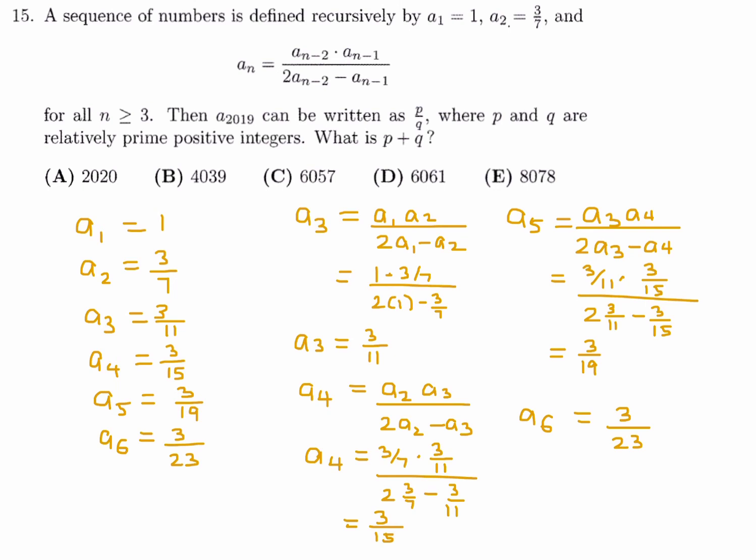As you can clearly see, every one of these, if you don't reduce it, has a 3 on the numerator, but the denominator seems to be going up by 4. You see that? It's 7, then 11, then 15, then 19, then 23, like that. So we have to come up with a general pattern, and this is something that takes a little bit of practice, but in this case it's going to be 7, and then some multiple of 4. And that multiple of 4 in this case is n minus 2.